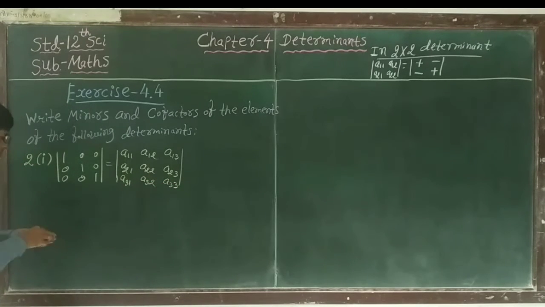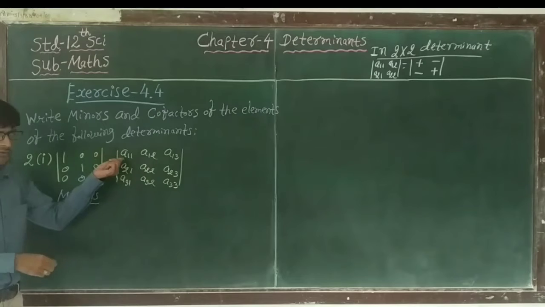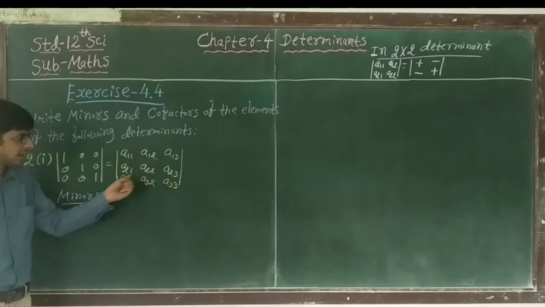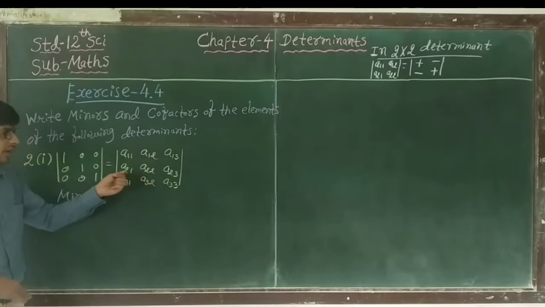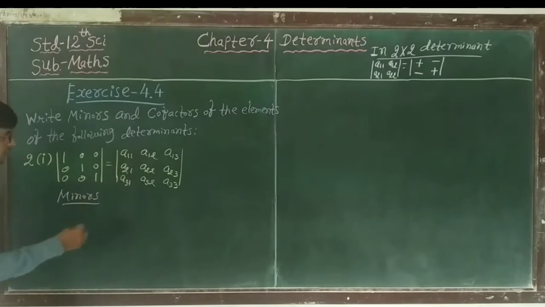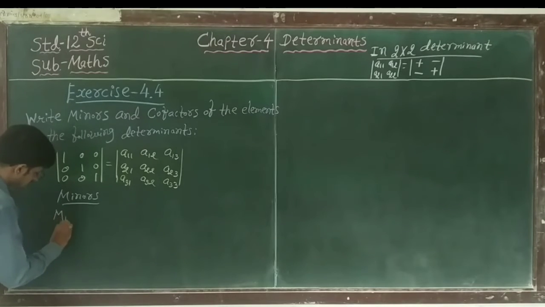First of all, we have to find minors of all elements, given by M: M11, M12, M13, and so on.